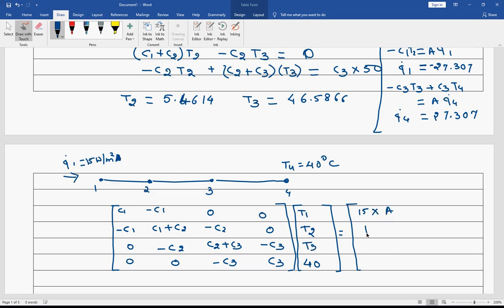Then Q2 dot into area is 0, Q3 dot into area is also 0, and Q4 dot into A will exist, because this is known to me. So Q4 dot will exist, it's a part of the reaction.